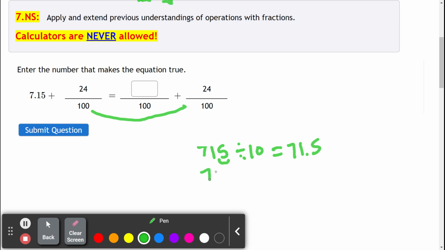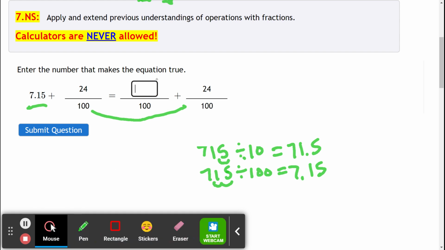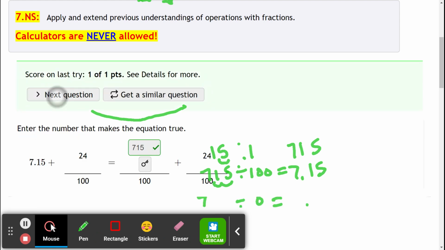If I took 715 and divided that by 100, then that moves the decimal two times to the left. So that would be 7.15. And in fact, that's exactly what we have, because this is 7.15. And so what that means is this has to be 715. Yep.